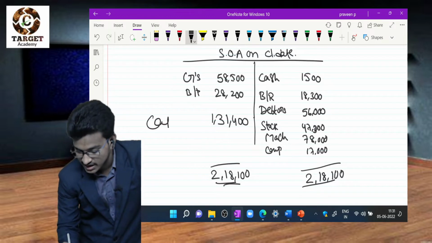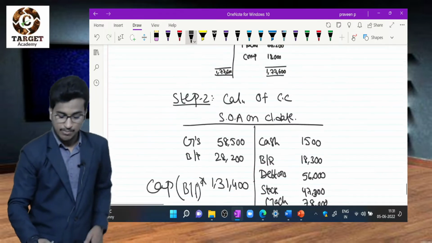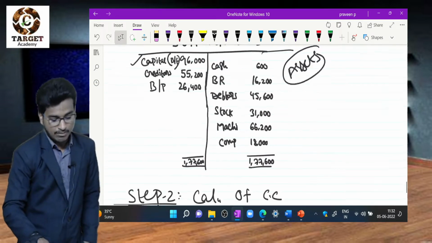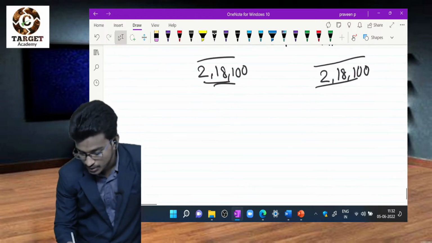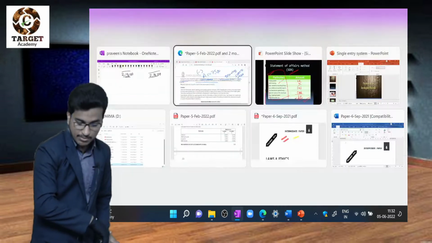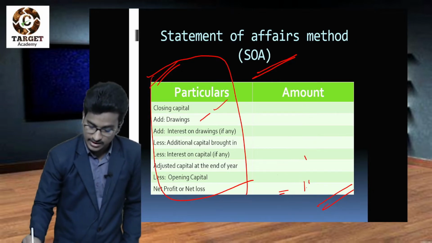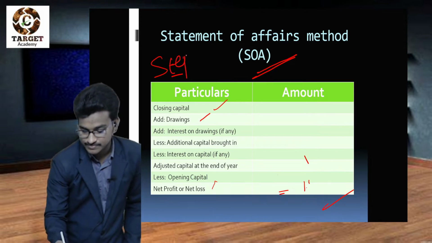This is the capital. So from step number 1 we found out opening capital. From step number 2 we found out closing capital. Then I have to go to step number 3. What is step number 3? Pro forma. Right, this is step number 3.